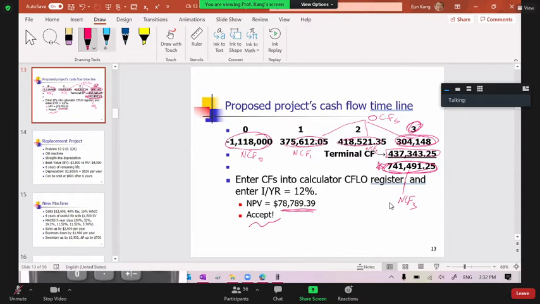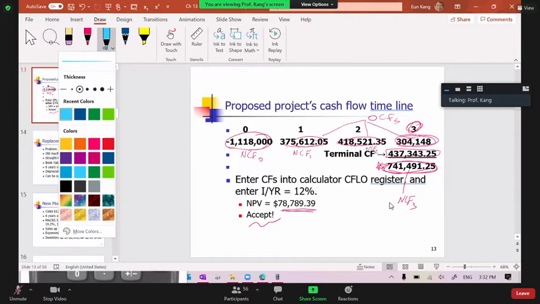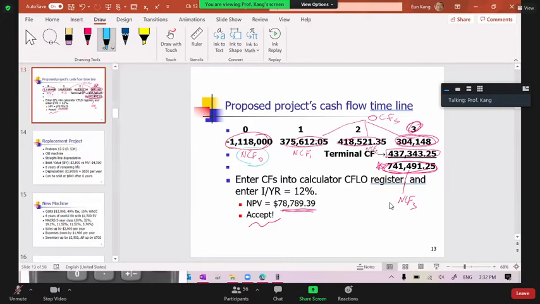You enter net cash flows: CF0, CF1, CF2, and CF3, and this one is CF3. So only year 3 is the problem. Year 3 is you not only have operating cash flows, but also what? Terminal cash flows. So you have to add those. So 741,491.25 is cash flow 3.